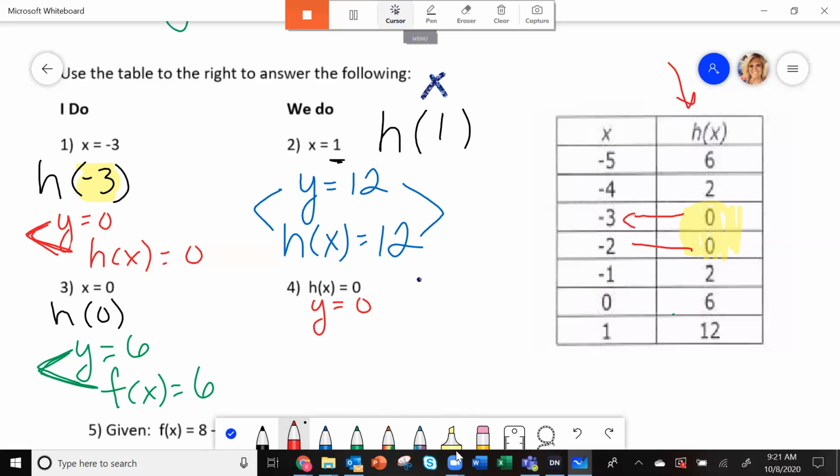My answers are going to be the x numbers. I get x equals -3 and x equals -2. Both of these are my answers because I'm looking to see where h of x equals 0. Make sure you have that written down. I'm going to move my paper up and we're going to go to the next section.